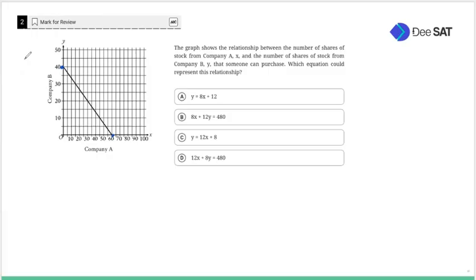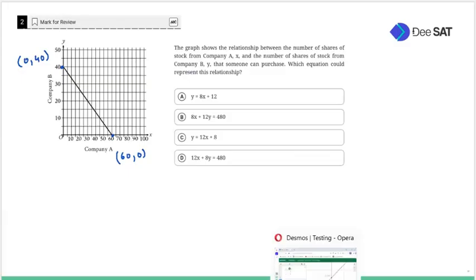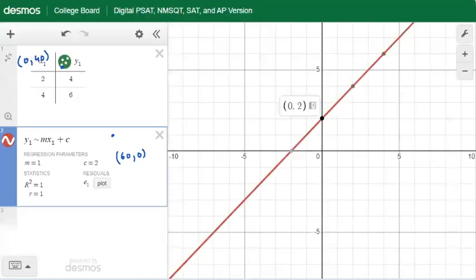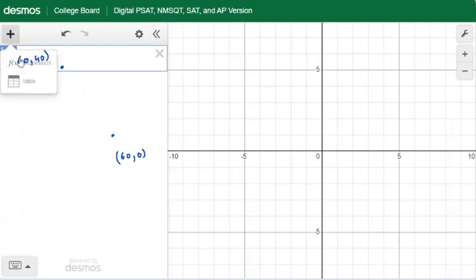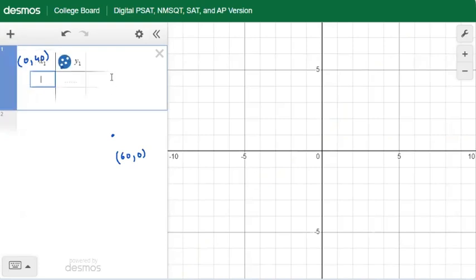So this point is 0, comma 40, as this is the y-intercept. And this point is 60, comma 0, which is my x-intercept. With these 2 points we can plot it in Desmos itself. So again, I'm doing the same thing. I'm including the table menu and putting in the values 0, comma 40, and then 60, comma 0.